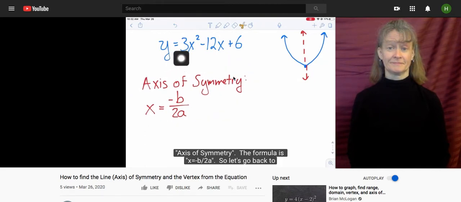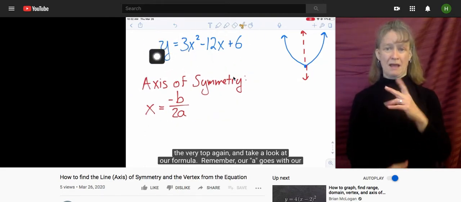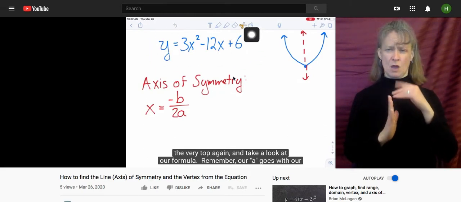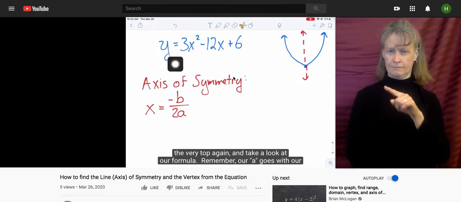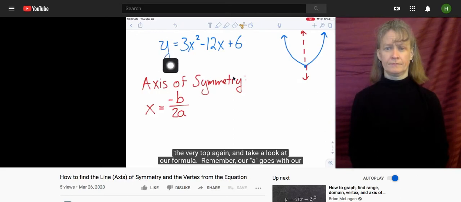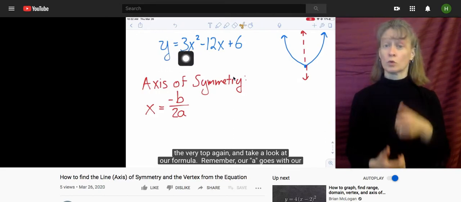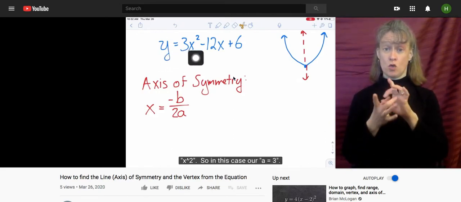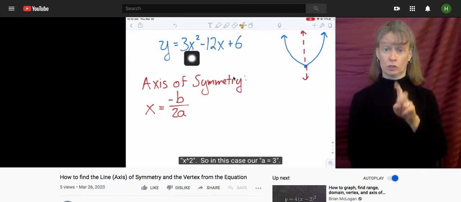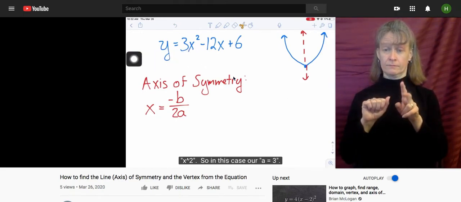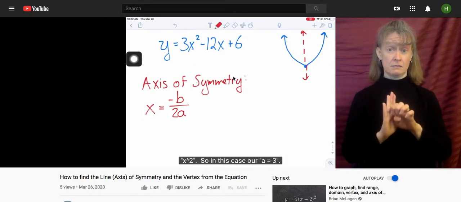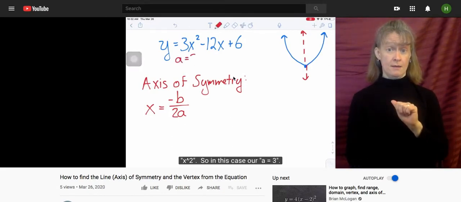So let's go back to the very top again and take a look at our formula. Remember, our a goes with our x squared. So in this case, our a equals 3.